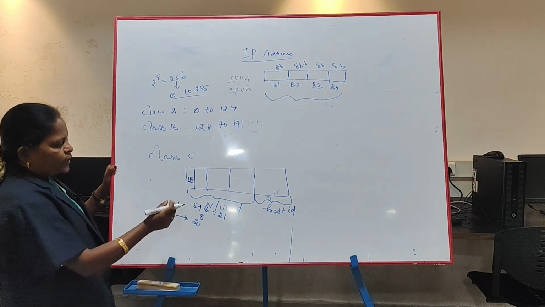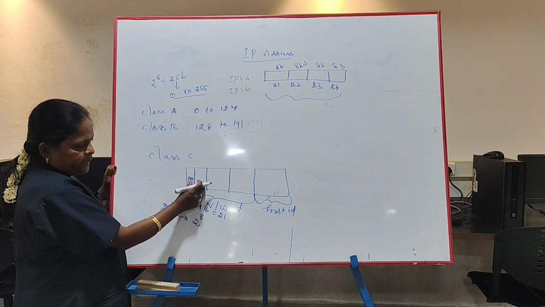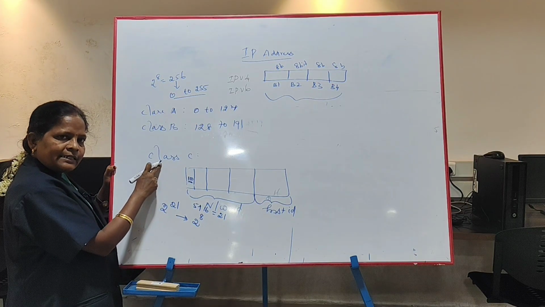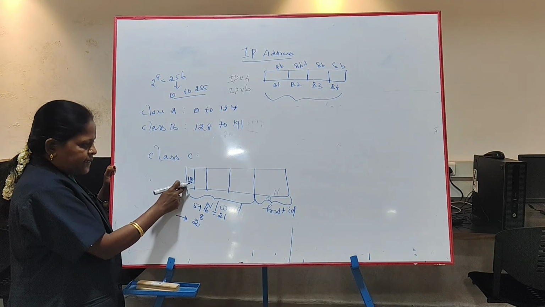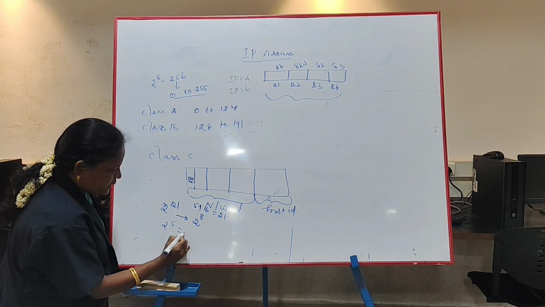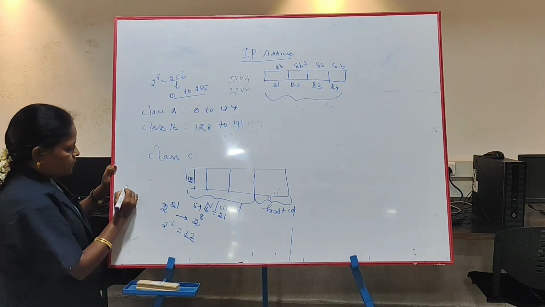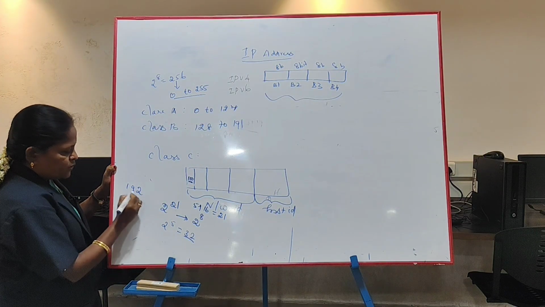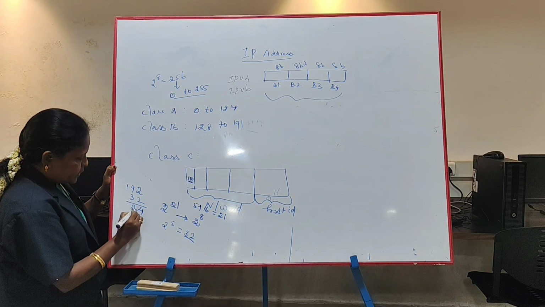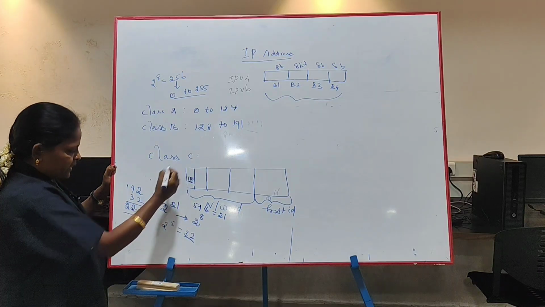Now, what is the range for class C? Here each byte has 8 bits of data. Out of the 8 bits, 110 is used to identify the class in binary representation. The remaining 5 bits give 2 to the power 5 equals 32.